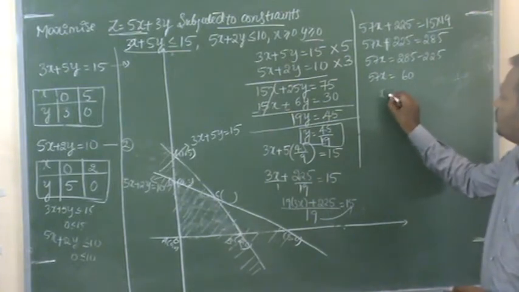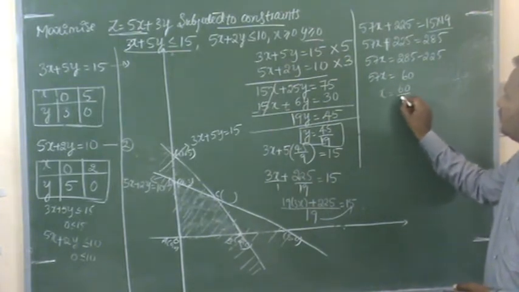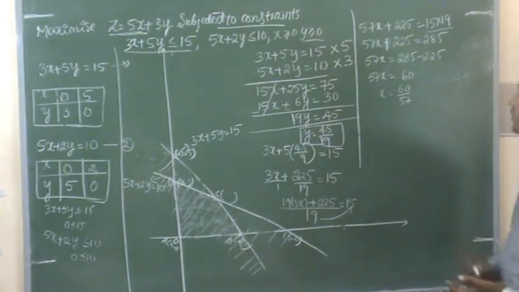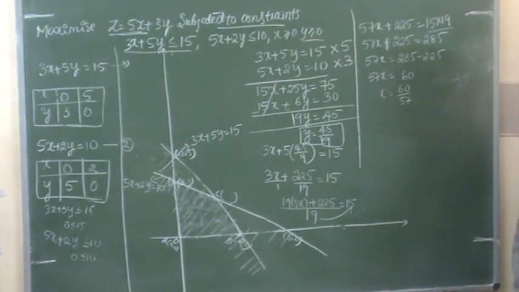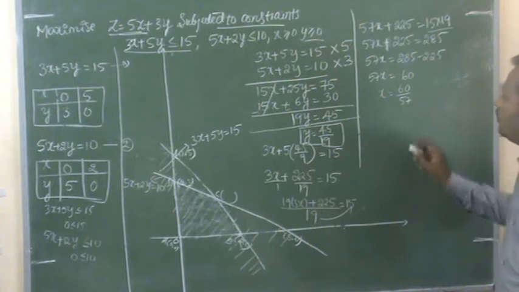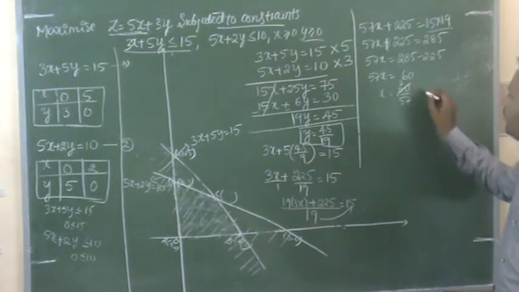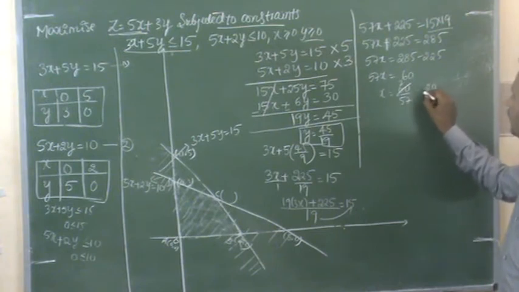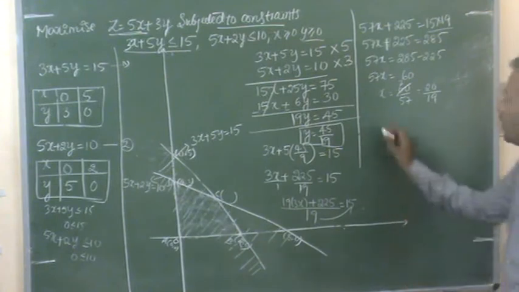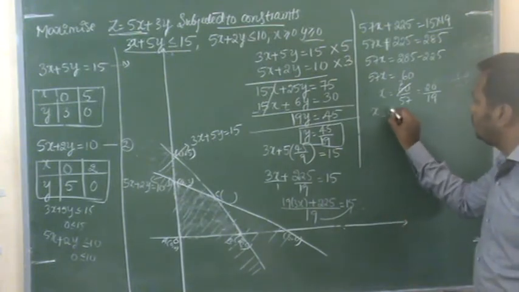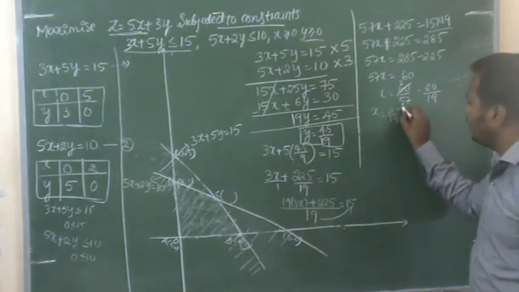Now x is equal to 60 divided by 57. Dividing by 3, 20 divided by 19. Therefore, the x value is equal to 20 divided by 19.